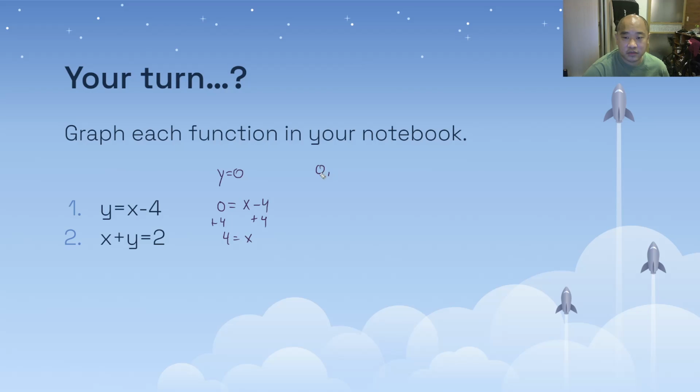So that's 0, I'm sorry, 4, 0. And then we'll set x to 0 to get the other intercept. So this will be y equals 0 minus 4, so y equals negative 4. So now we have 0, negative 4, sorry.